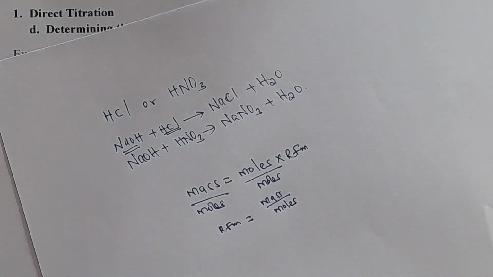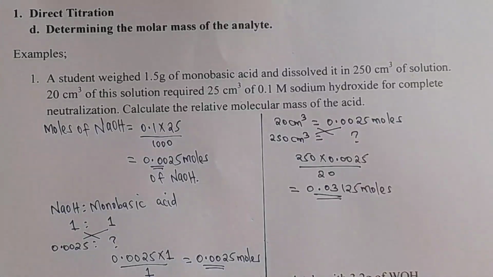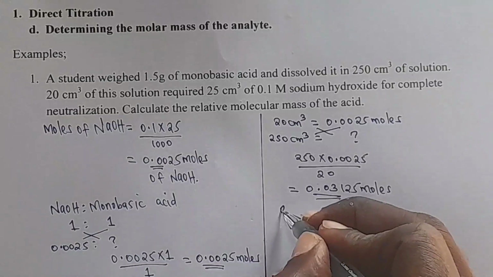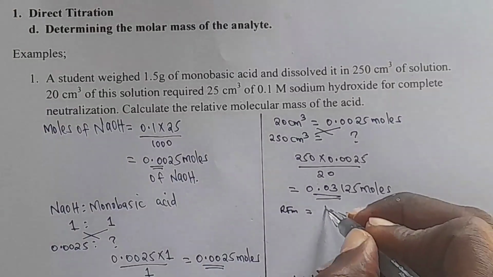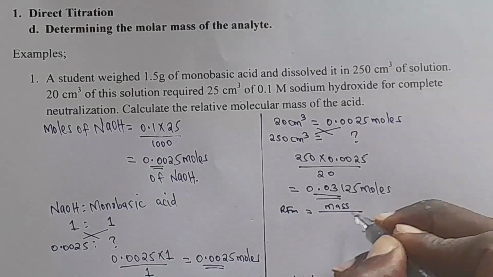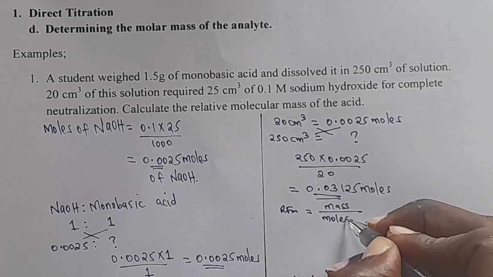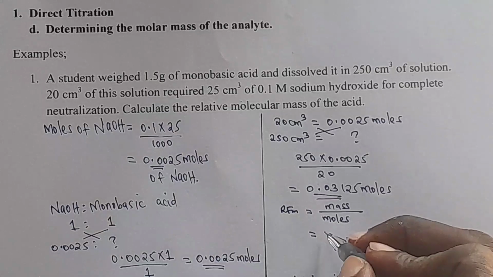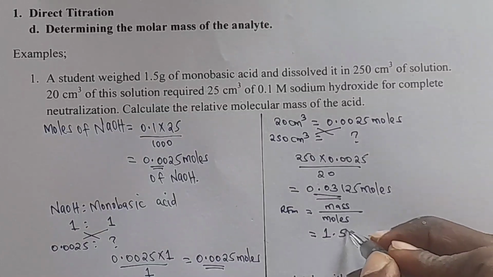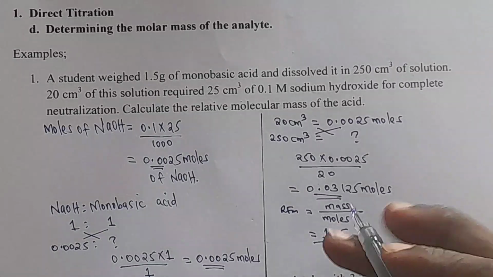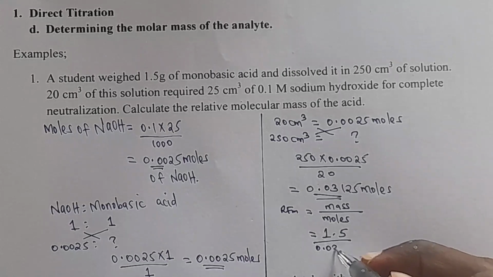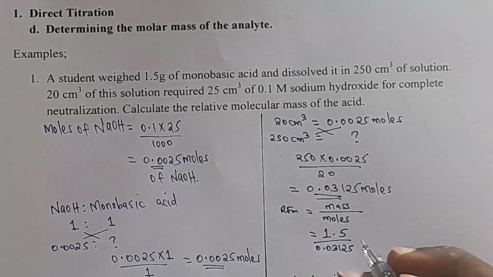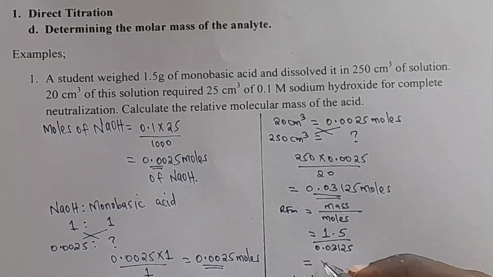So RFM will be equal to mass over number of moles. The mass is given as 1.5 divided by the moles, which is 0.03125. So here we get our molar mass as 48.